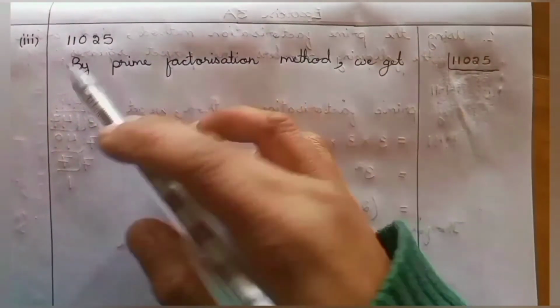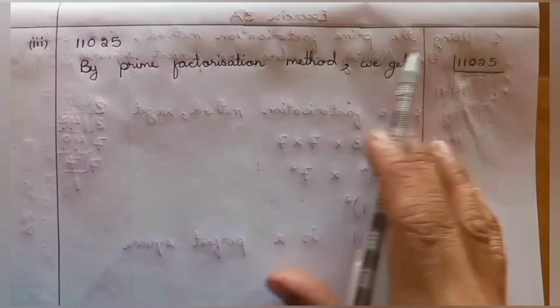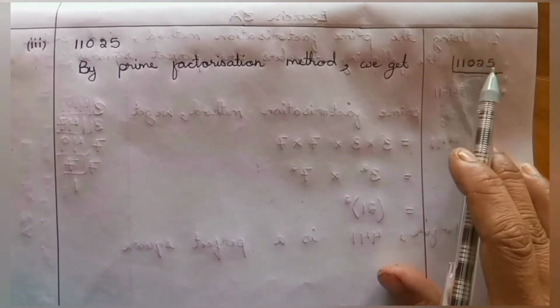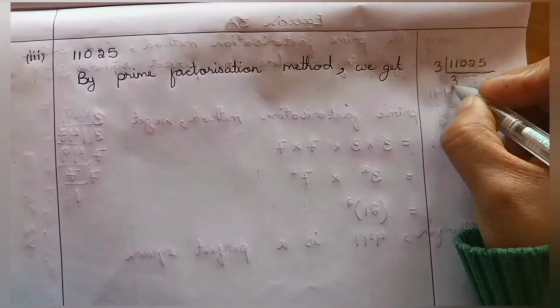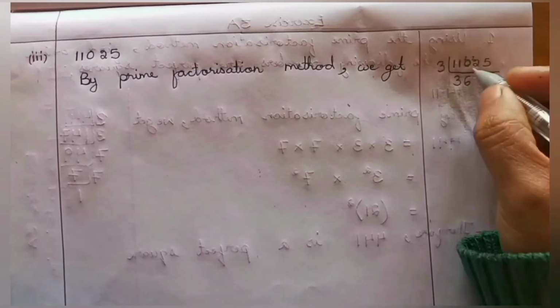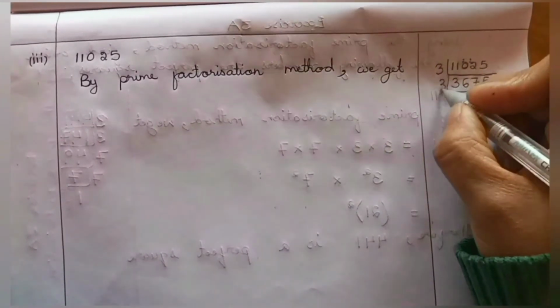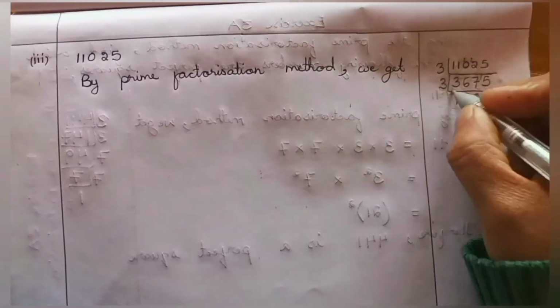Now let us try with question number 3. Again, in the first line you will write, by prime factorization method we get, then we will solve this number by prime factorization method. Now this last number ends in 5. So let us move with 3. 3 threes are 9, 3 sixes are 18, 3 sevens are 21, 3 fives are 15.